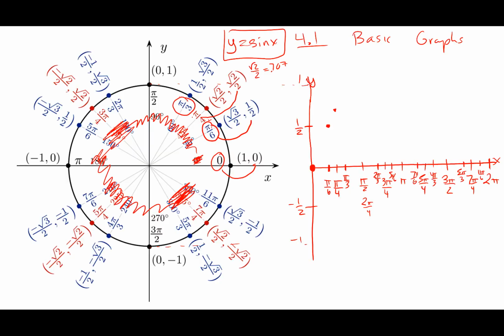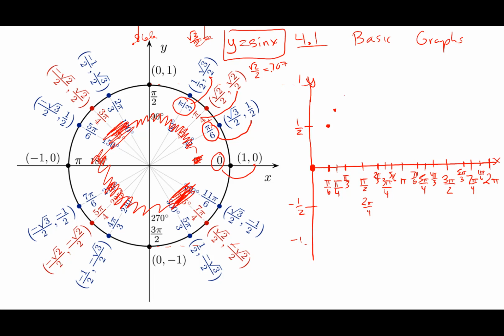Then at pi over 3, we want to calculate square root of 3 over 2. So punch in the calculator, square root of 3 over 2, and it should be 0.866. So 0.9 roughly.